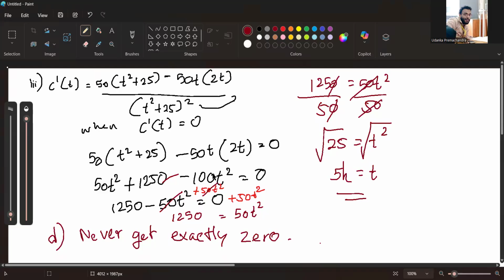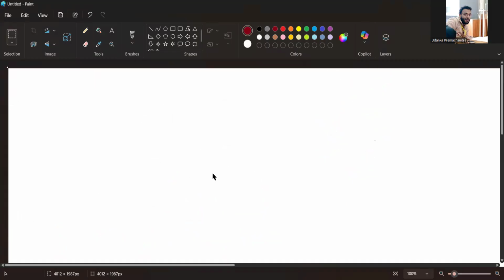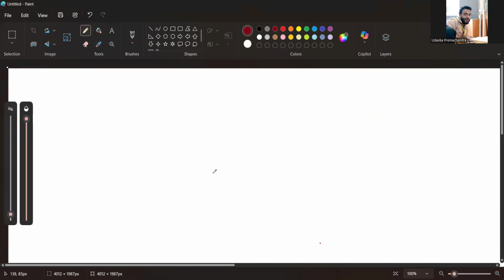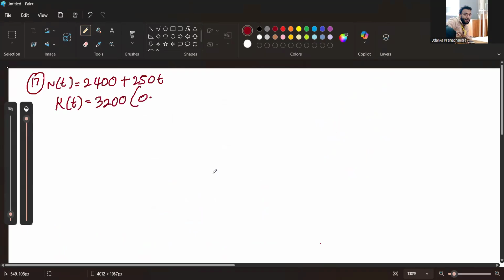The population of kangaroos is given like this, and the koalas are given by N(T) = 2400 + 250T. The kangaroos are given by K(T) = 3200 times 0.85 to the power T. Okay, those are the two equations.